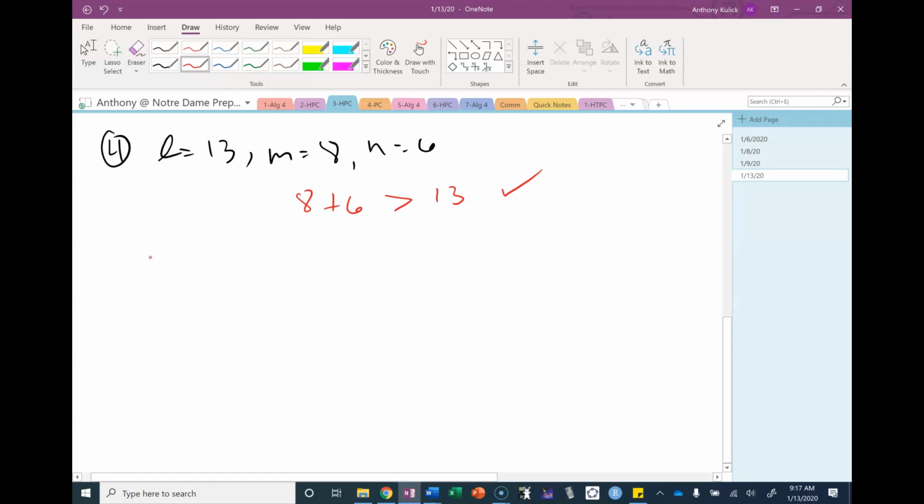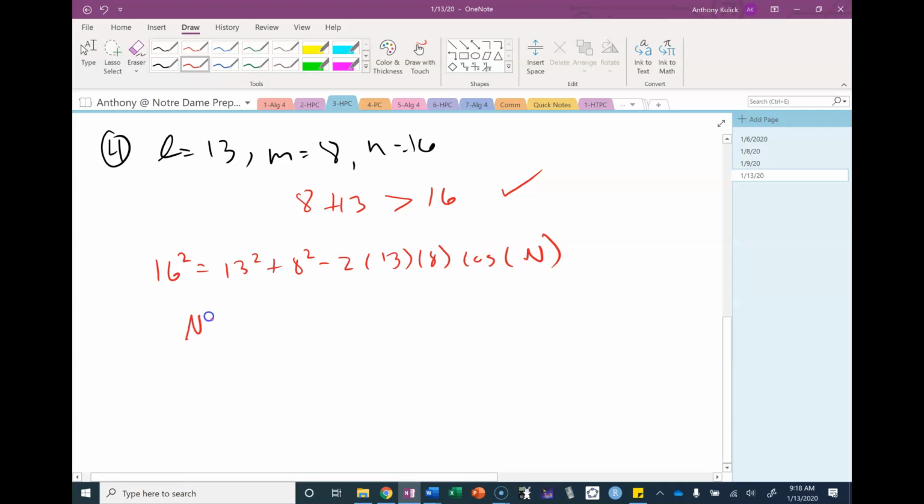The biggest angle, oops, that's supposed to be a 16 there. The biggest angle measure is going to be the one opposite the biggest side length. So that's what I set up first.